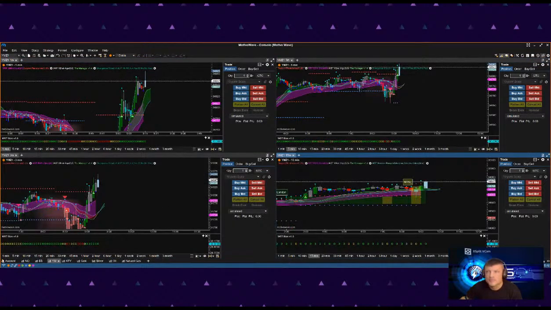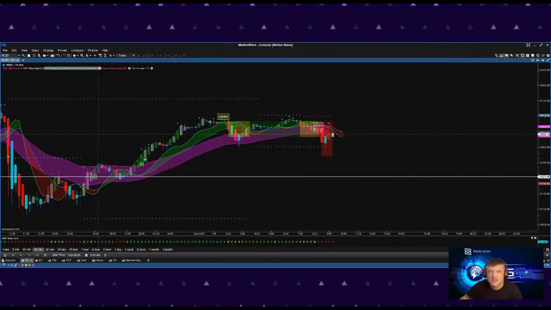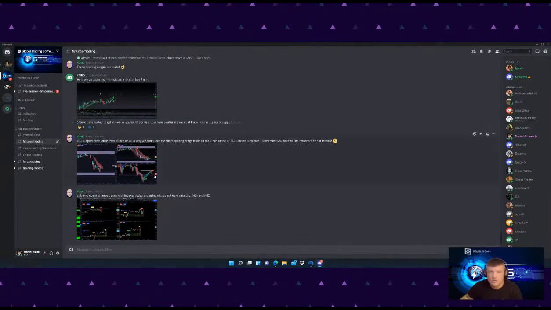So Paul's got some pictures up on the Discord showing the range breakout charts. Let's take a look at them real quick here. This is the Discord right here.